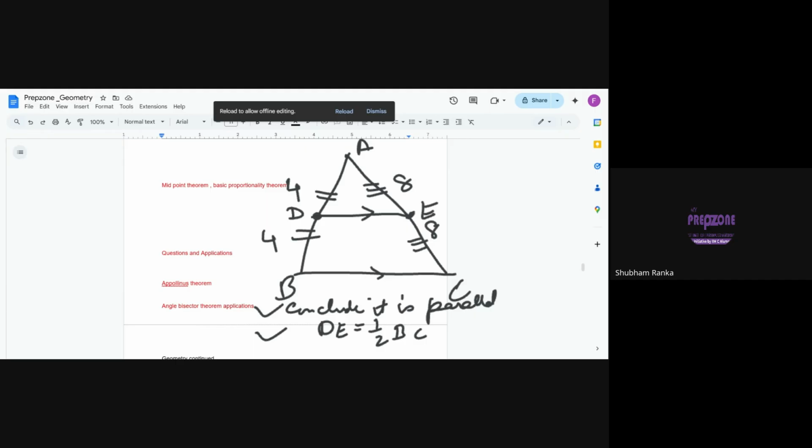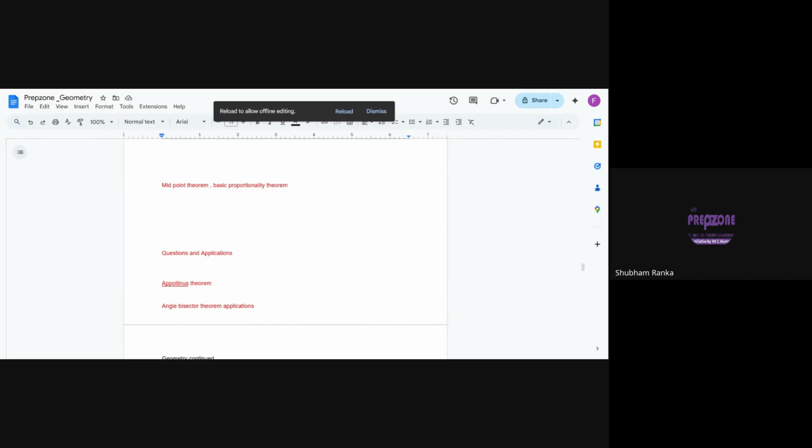A small example, I will try to solve myself. So on basic proportionality and midpoint, let me just try and solve this one. There is some kind of figure drawn in the form of a quadrilateral.